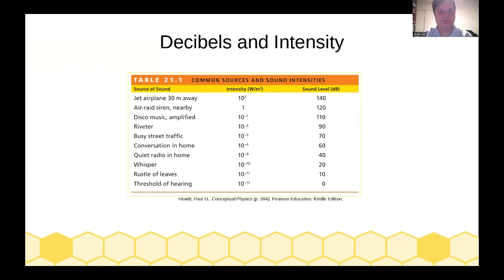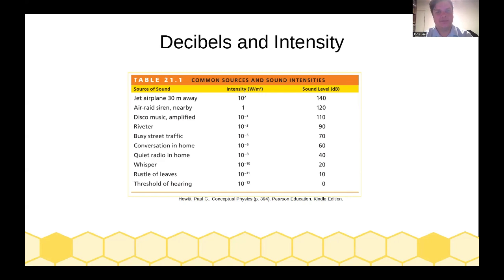So a 20 decibel sound is 10 times greater than a 10 decibel sound and 100 times greater than a 0 decibel sound. The reason that this is a logarithmic scale instead of a linear scale is that we tend to perceive sounds by how much bigger they are than other sounds multiplied, not added, by how much bigger they are than other sounds.